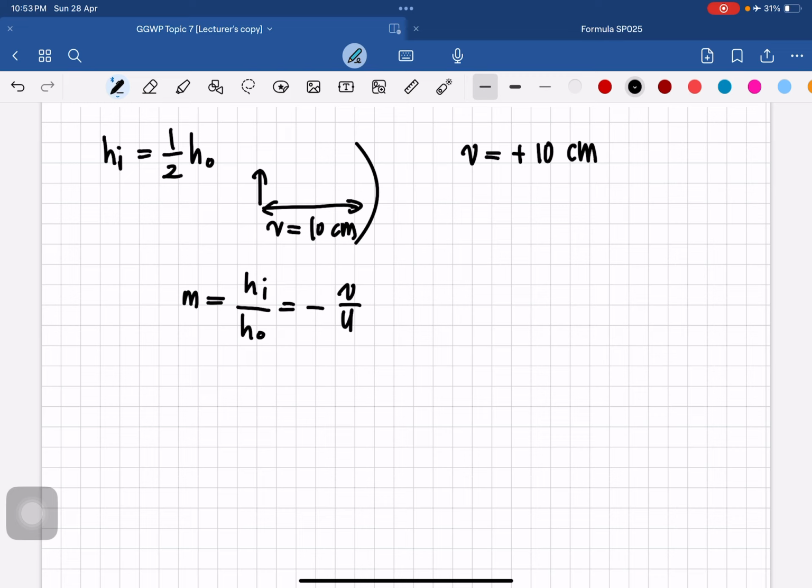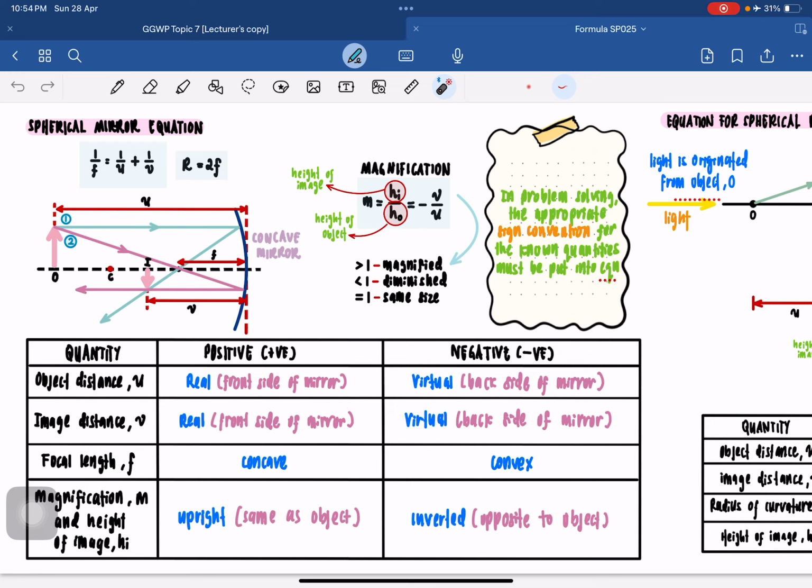Kenapa? Because you have to know height of the image ni dia sepatutnya negatif atau positif. So you have to know this. So macam mana kita mau tahu dia positif atau negatif? Kenapa? Sebab sekarang ni height of image also determine dia upright kah inverted.